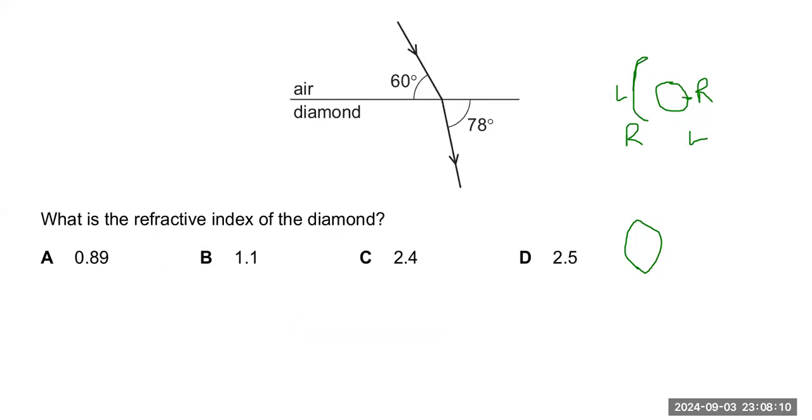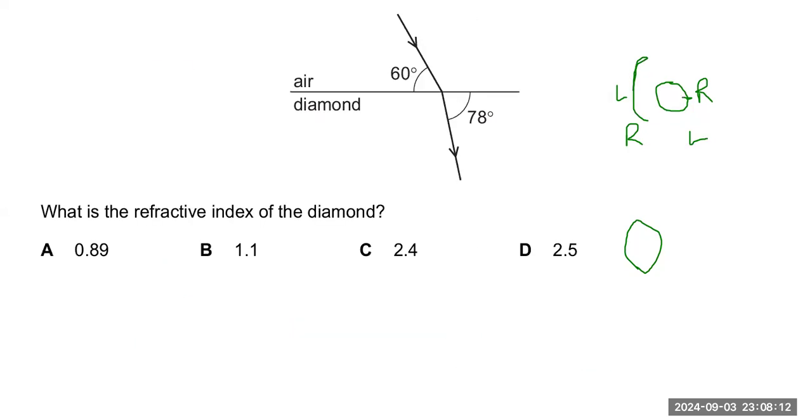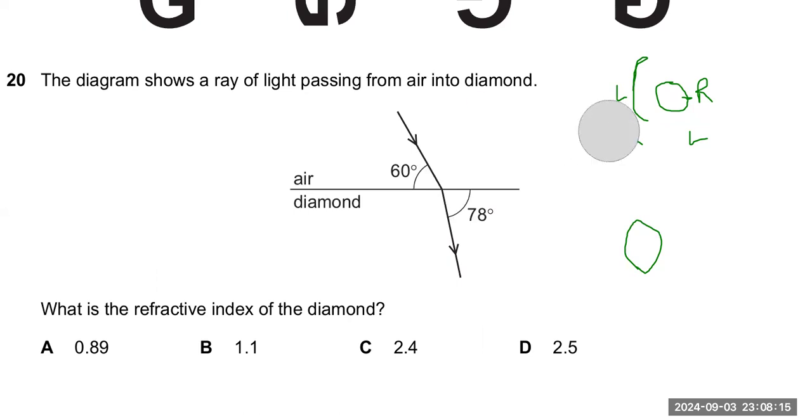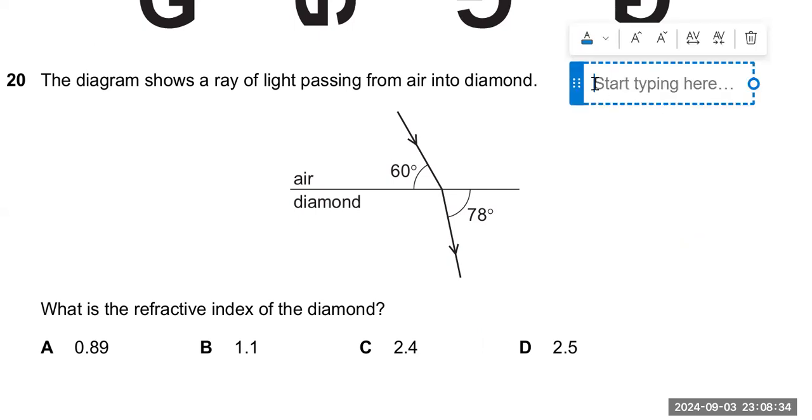Okay, now move towards the next one. The diagram shows a ray of light passing from air into the diamond. What is the refractive index of the diamond? This question is taken from the refraction of light, and light is entering from air to the diamond, from a less dense material to a more dense material, and you have to find the refractive index.